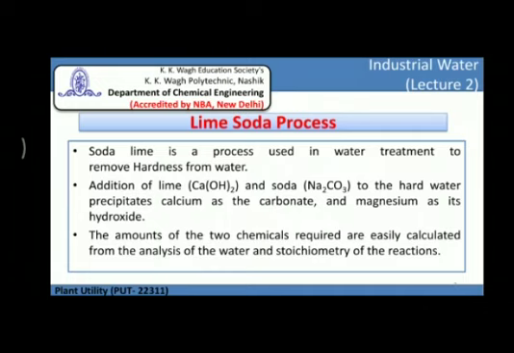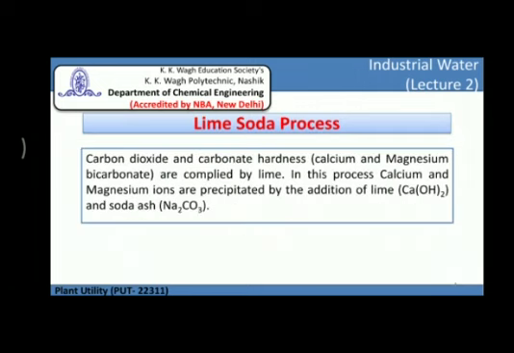It precipitates calcium as the carbonate and magnesium as its hydroxide. The amounts of the two chemicals required are easily calculated from the analysis of the water and the stoichiometry of the reaction. Carbon dioxide and the carbonate hardness, that is calcium and magnesium bicarbonates, are combined by lime.